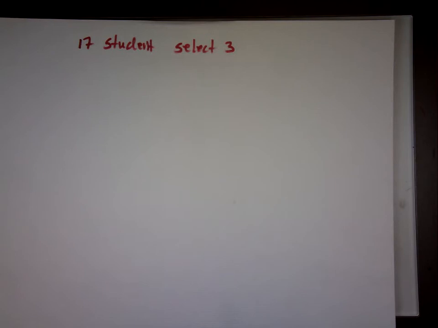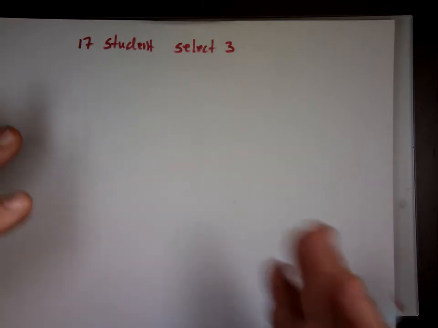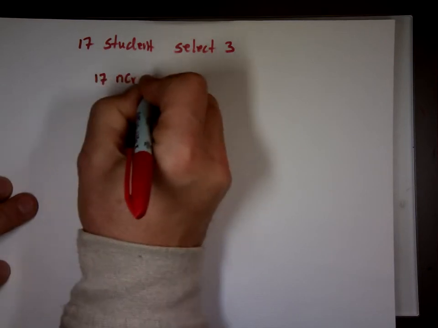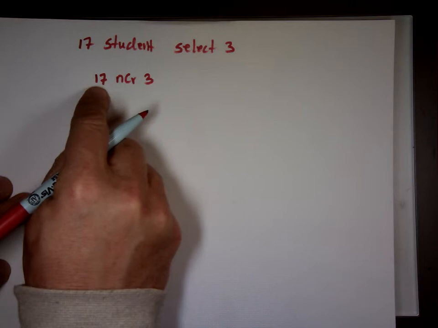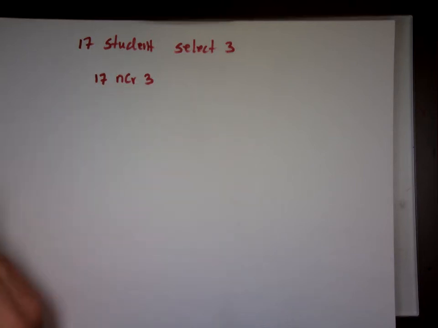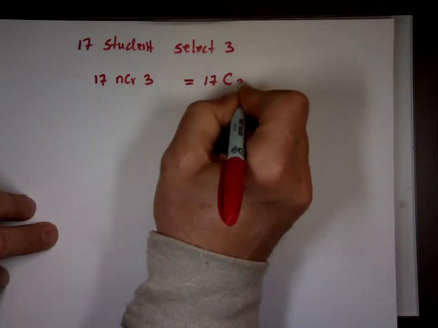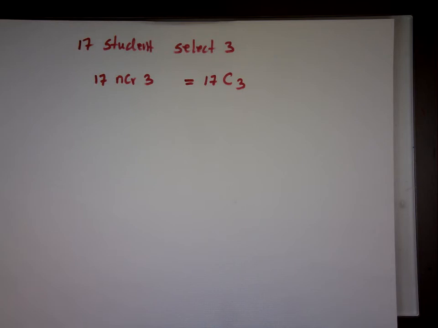So the way we write that, if the seats are next to each other, it's no big deal. We go 17 nCr 3. We have 17 people, and we're going to select 3 from them. Instead of nCr, a lot of times we cheat and write 17C3. People know nCr or C stands for combination.